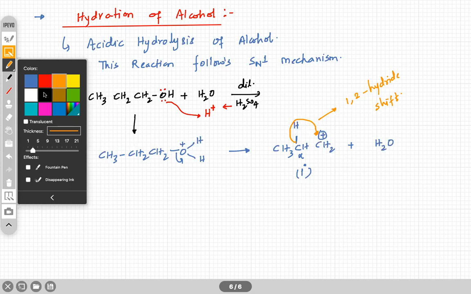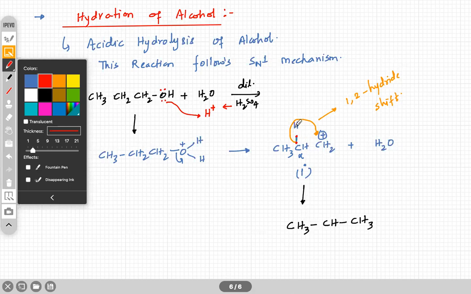Now, what happens with this shifting? When this hydrogen shifts, the molecule becomes CH3, CH3, and one hydrogen comes over here. The carbon has 2 electrons here, one for carbon, one for hydrogen.